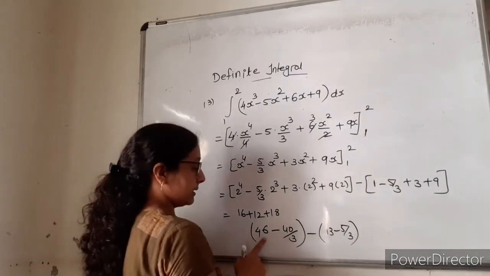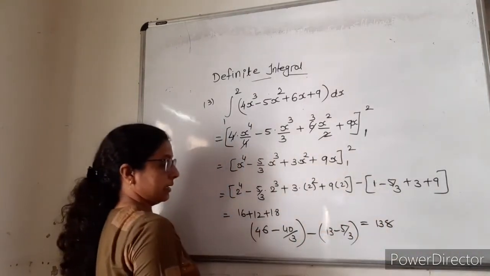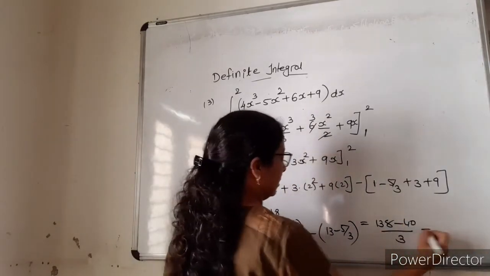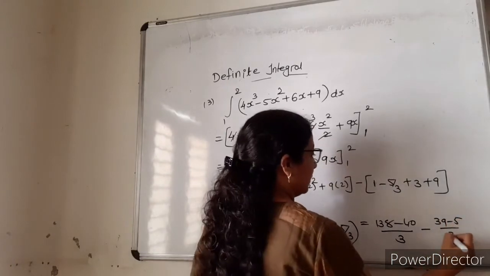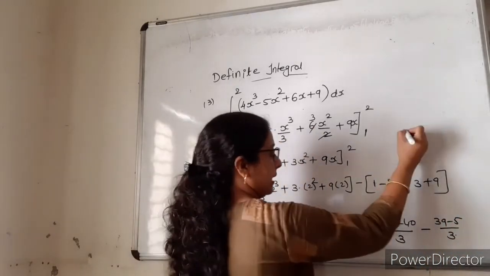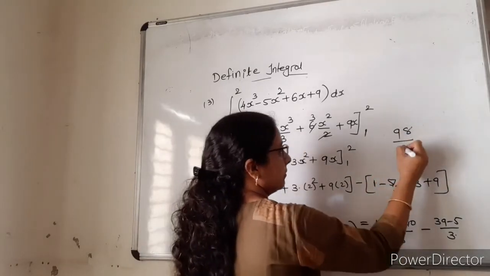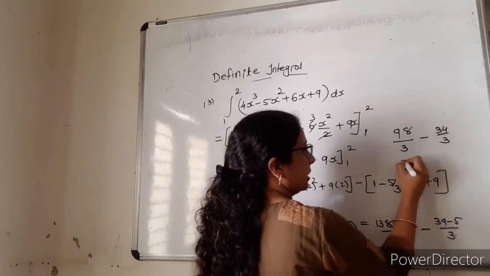So 46, 3 times is 138, minus 40 by 3, 39 minus 5 by 3. So we will get here 98 by 3. Here we will get 34 by 3.